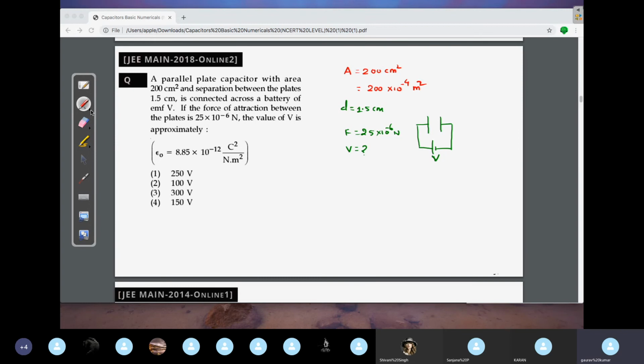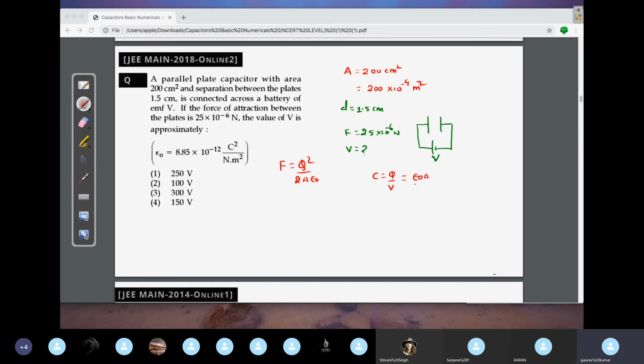Right. So with this data, we have to get the value of V. So please hear. What is the formula for force? Just now we have derived. It is Q square by 2 times A into epsilon. This is the formula, right? But then we have to get V here, right? So what do we write? Q equals to what? CV. Q equals C into V. C is Q upon V, so Q is C into V. And what is C?